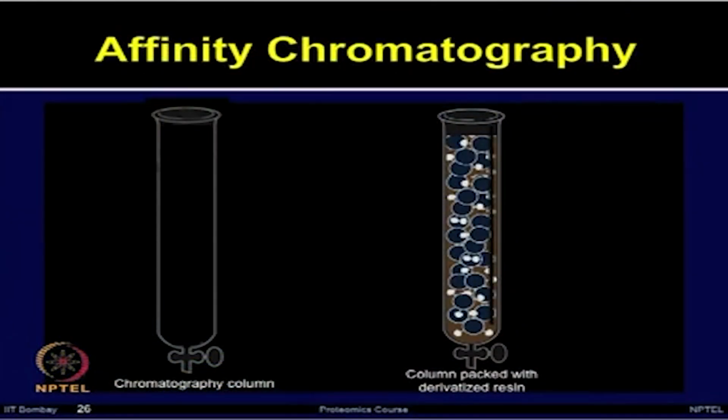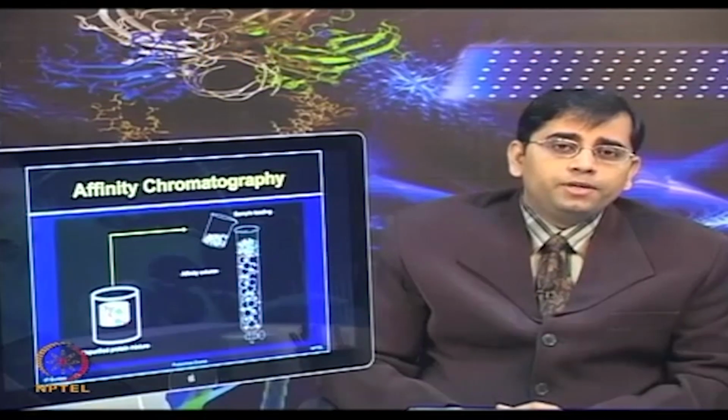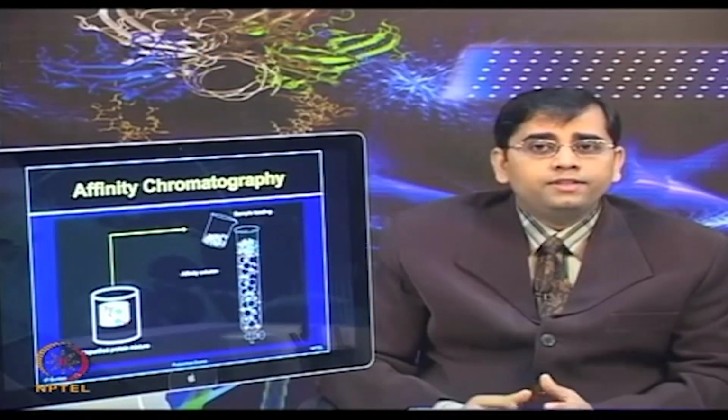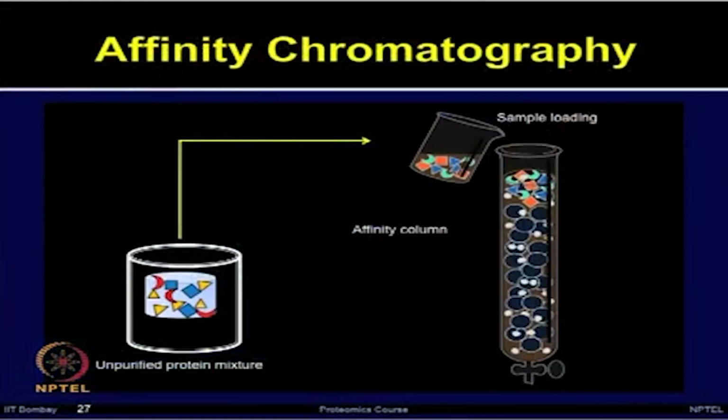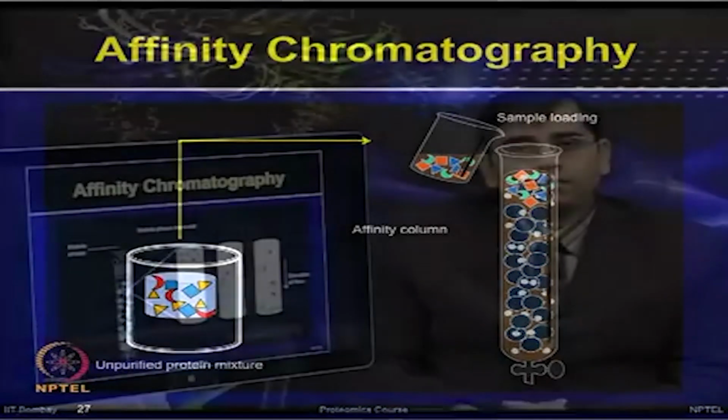The matrix beads are chemically coupled to these ligands. So, in affinity chromatography, the column is packed with a resin which is covalently coupled to the ligand specific to the protein of interest. The protein mixture is passed over the derivatized affinity column. The protein of interest binds through a specific interaction, while all other proteins which do not interact will not bind.